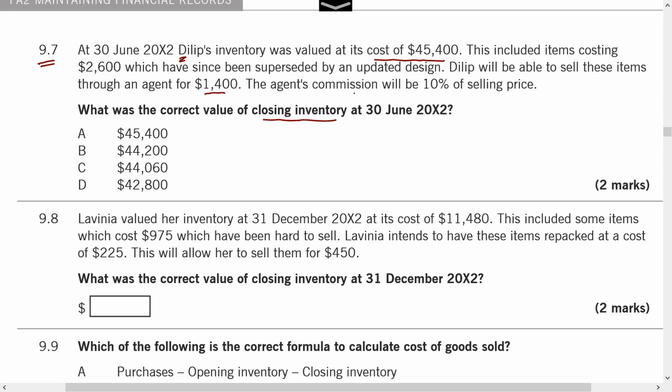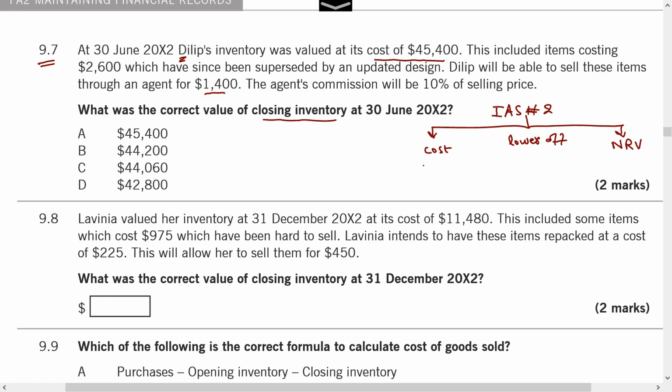The agent's commission will be 10% of selling price. So again we are talking about IAS 2, which requires us to record inventory at lower of cost versus NRV, or net realizable value.